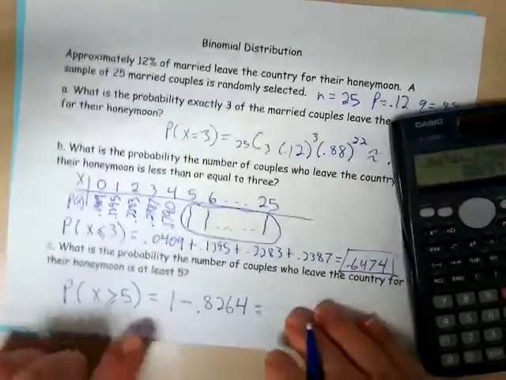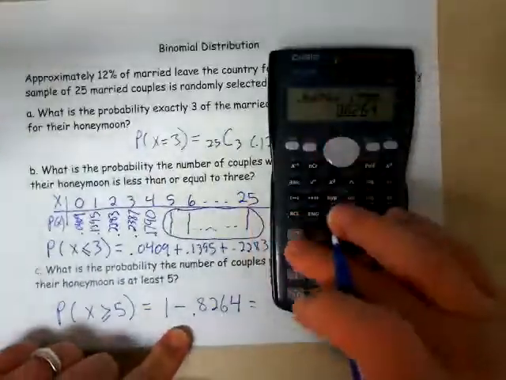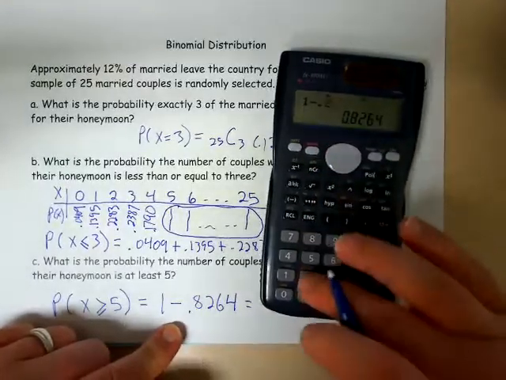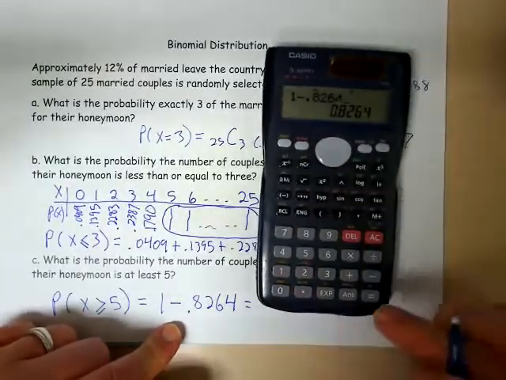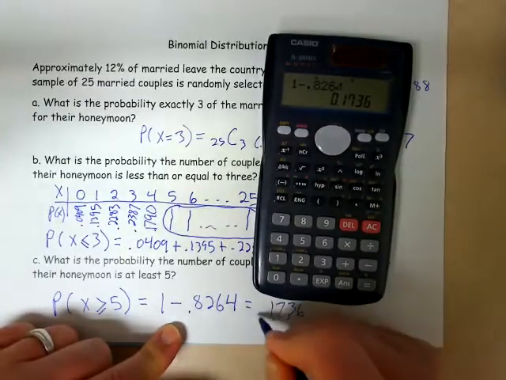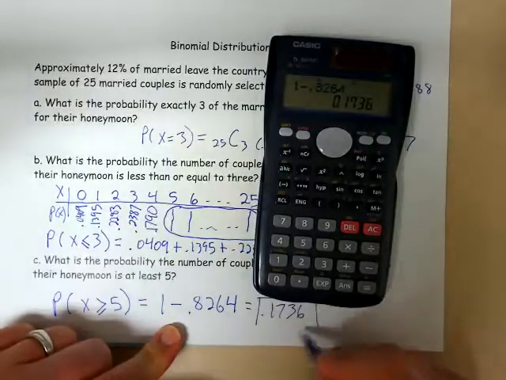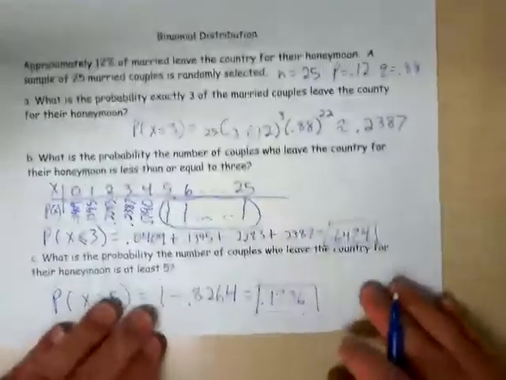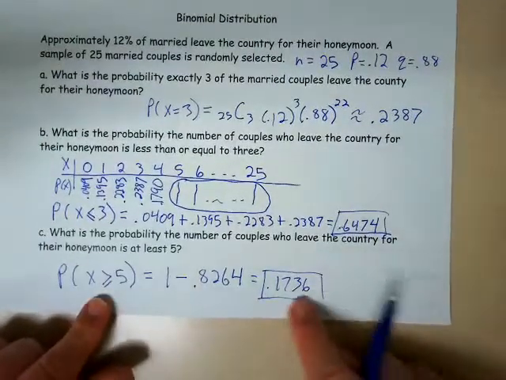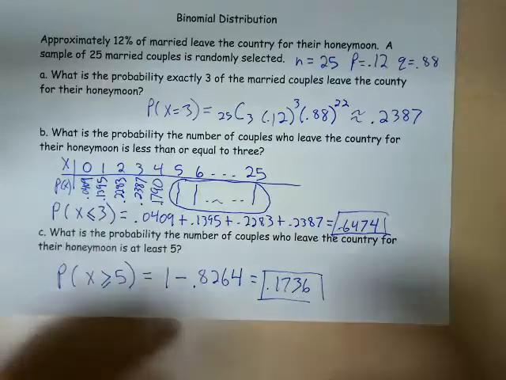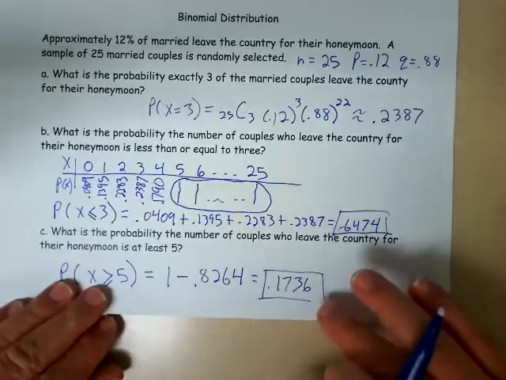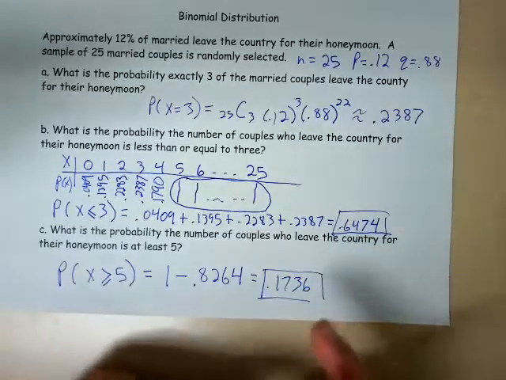To find the answer, I just take 1 minus the ones I don't want, 1 minus 0.8264, and I get 0.1736. And that is the probability that it's greater than or equal to 5. So the probability that the number that leave the country for their honeymoon is greater than or equal to 5 is 0.1736.